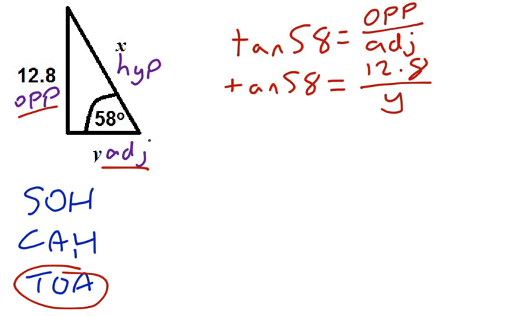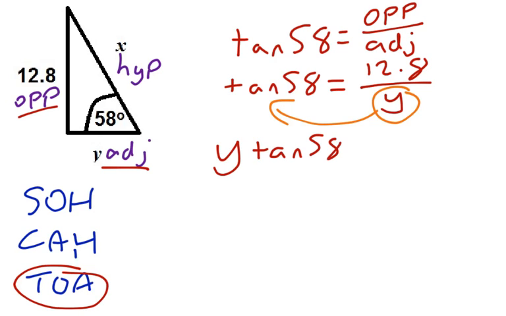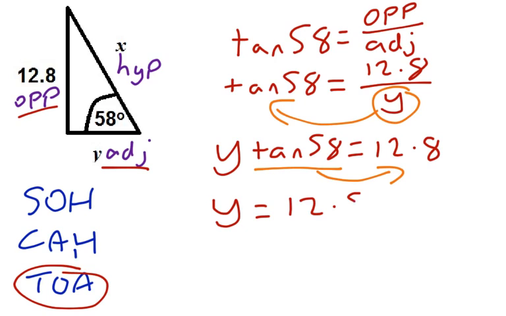Same as with the last example, we need to get the y over to this side first. By multiplying by y gives us y tan 58 equals 12.8, and now get the tan 58 over to this side by dividing by tan 58, and that leaves us with y equals 12.8 divided by tan 58.